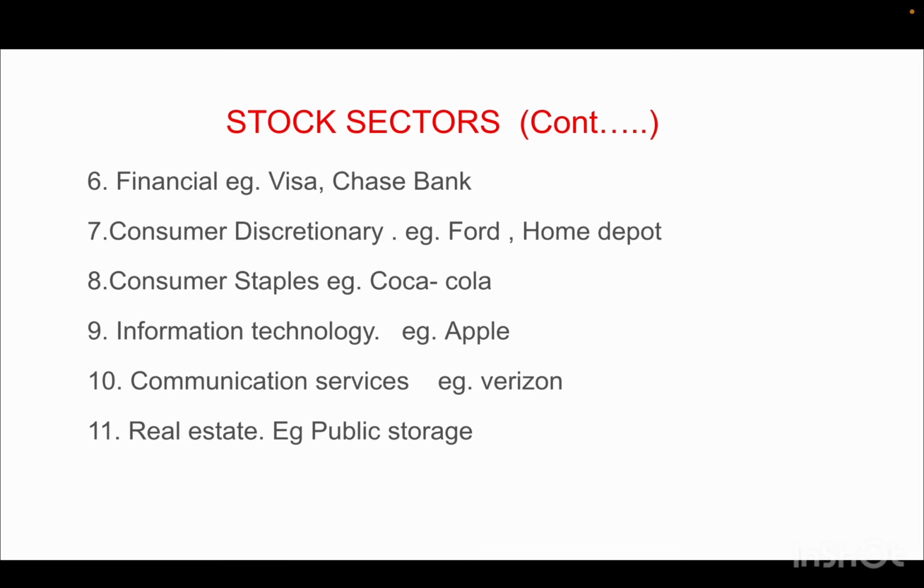They include companies that provide durable goods, leisure equipment, clothing, and cars. So you can have Tesla here, you can have Home Depot, you can have Toyota. They are all companies under consumer discretionary.